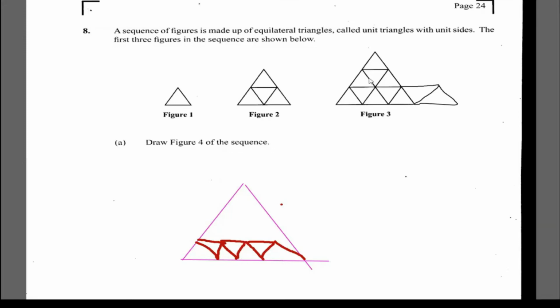The next is going to be 1, 2, 3, 4, 5, because it's just going to put another. Notice that next it has none here, 1 here, 3 here. Next it's going to go to 5, because how we're going to split it is 1 here, 1 triangle going down.